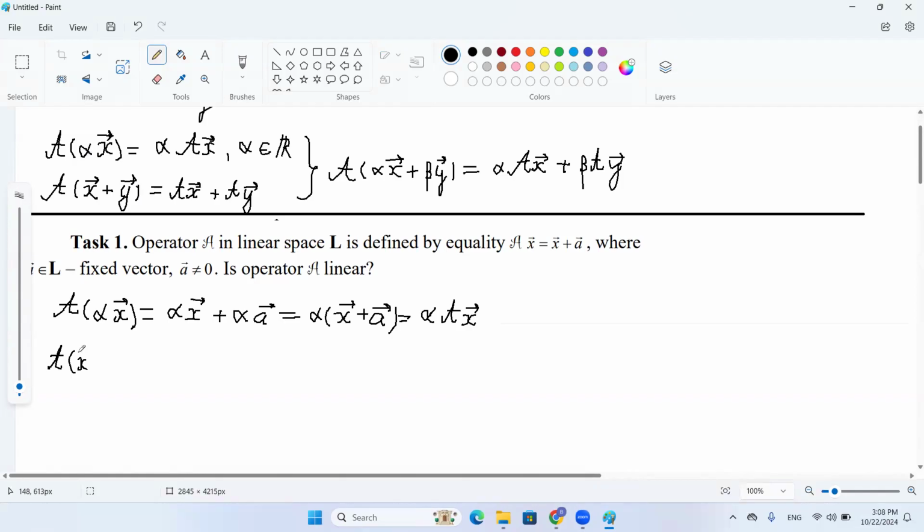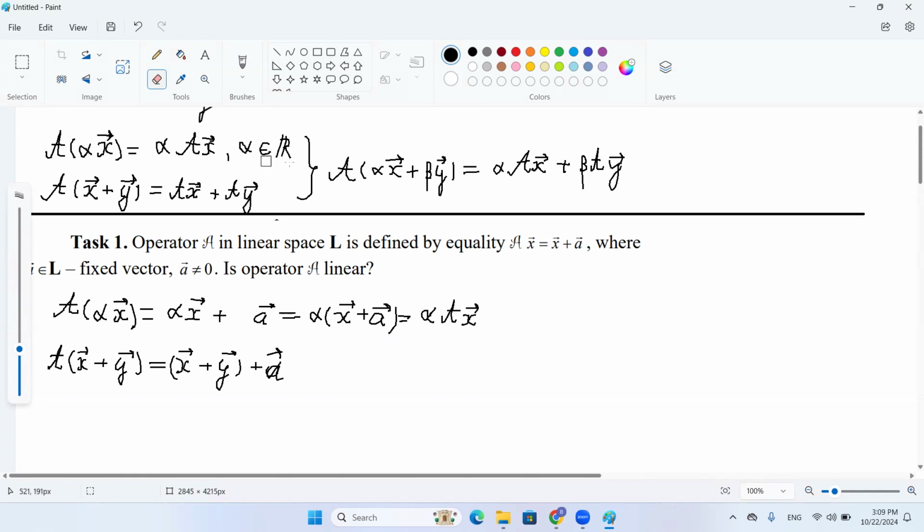Applying operator A to the sum of x and y, it equals x plus y plus a. Oh, but there was a mistake here, because it also doesn't equal. So it equals alpha x plus a.